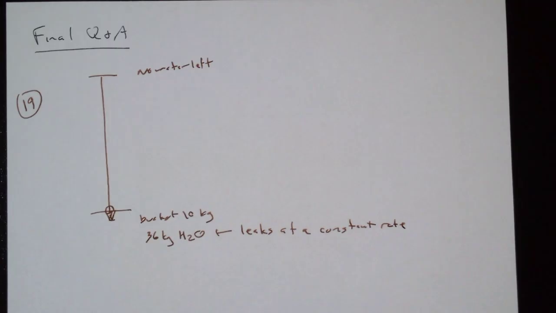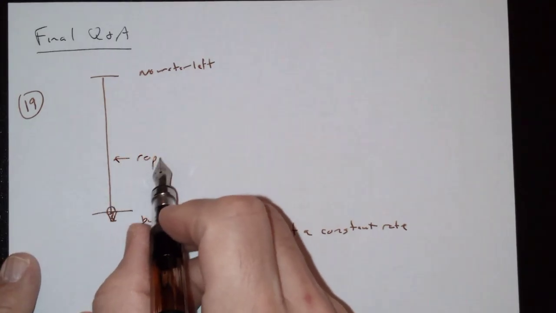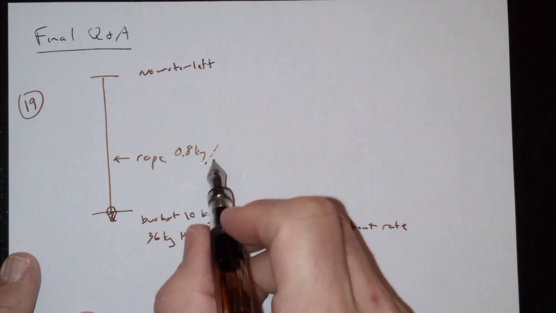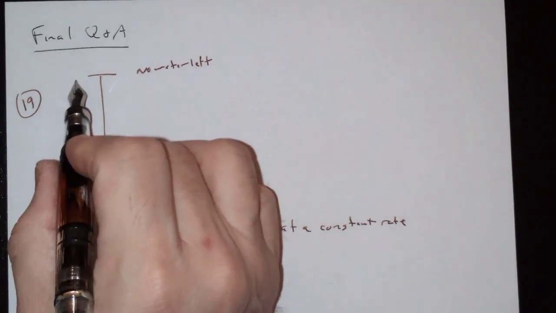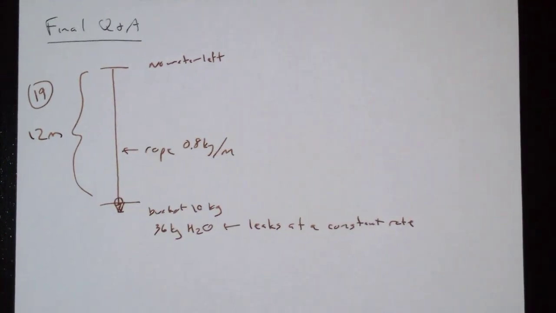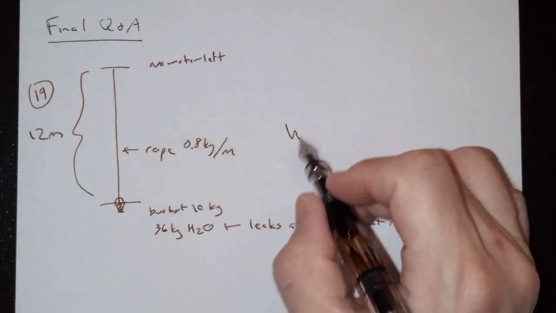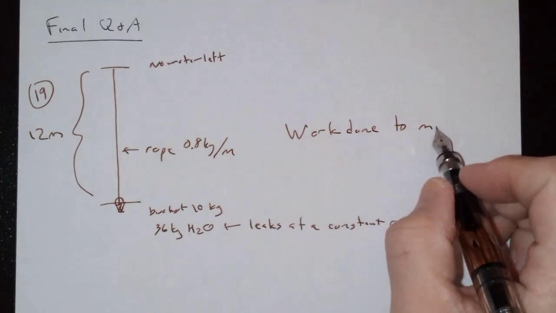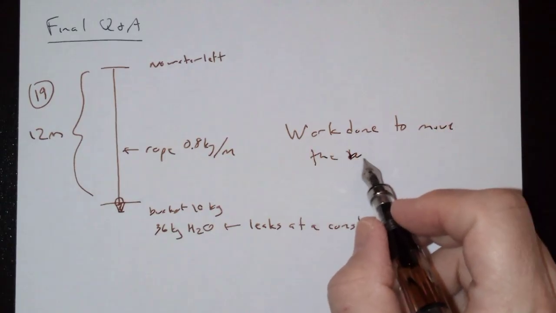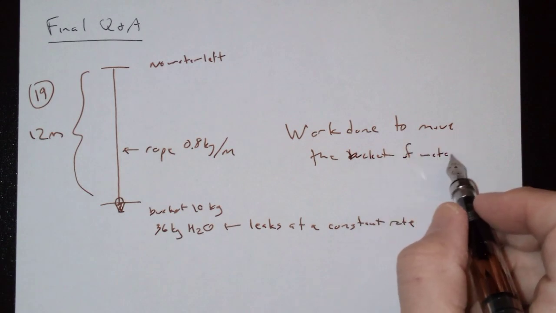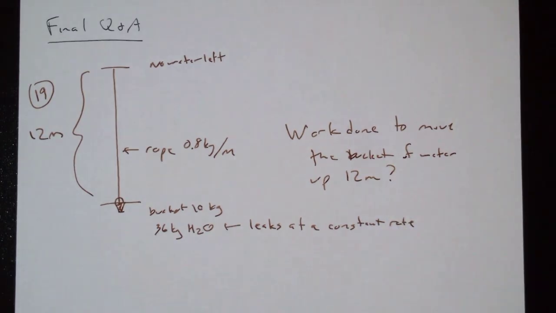It also tells me that the rope is 0.8 kilograms per meter, and that we're hauling it 12 meters. So far, so good? Okay.